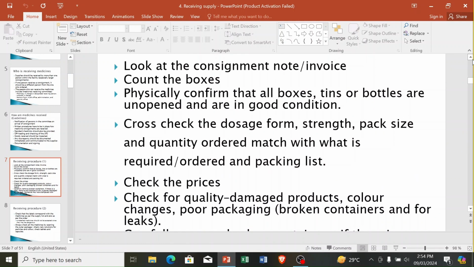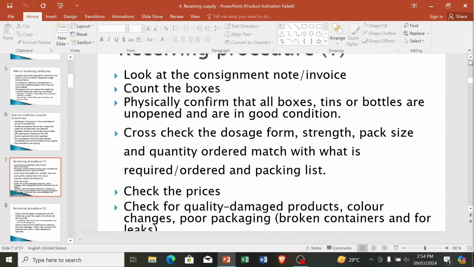And here we look at the consignment note and invoice. Check the consignment note. Count the boxes you have received in case they have delivered in boxes, tins, or cylinders in case it is gas, oxygen, or nitrous oxide. And then physically confirm that all the boxes, tins, or bottles are unopened and are in good condition.